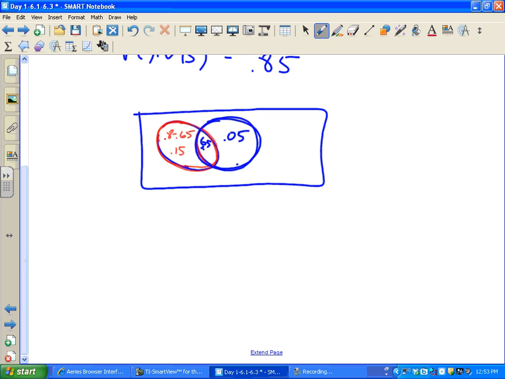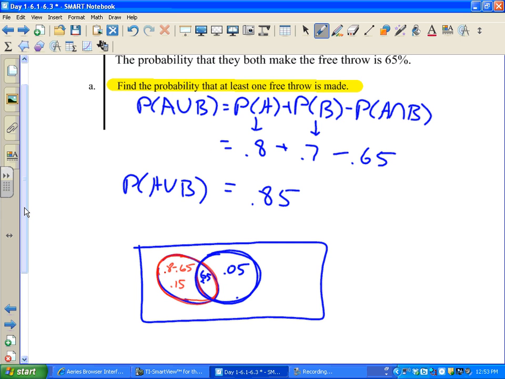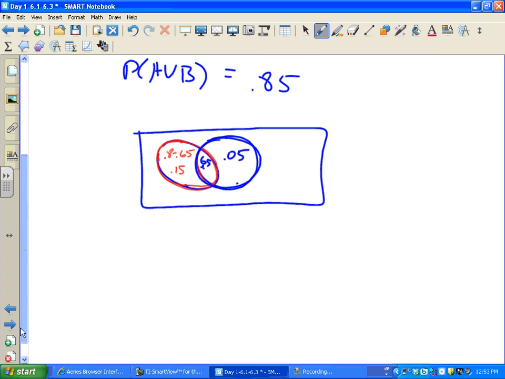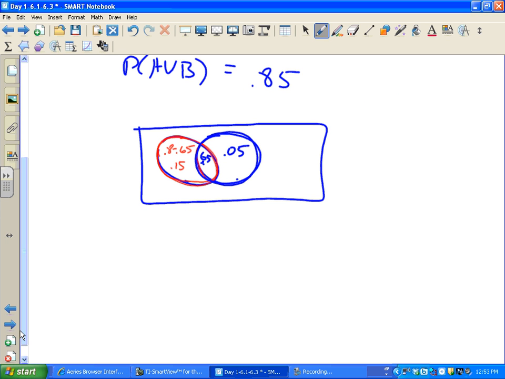Okay, sometimes that Venn diagram helps. If the union is 85%, that's Tyreek making it, both of them, or just DeMarcus, it's 85%. What's the probability that they both missed a free throw?